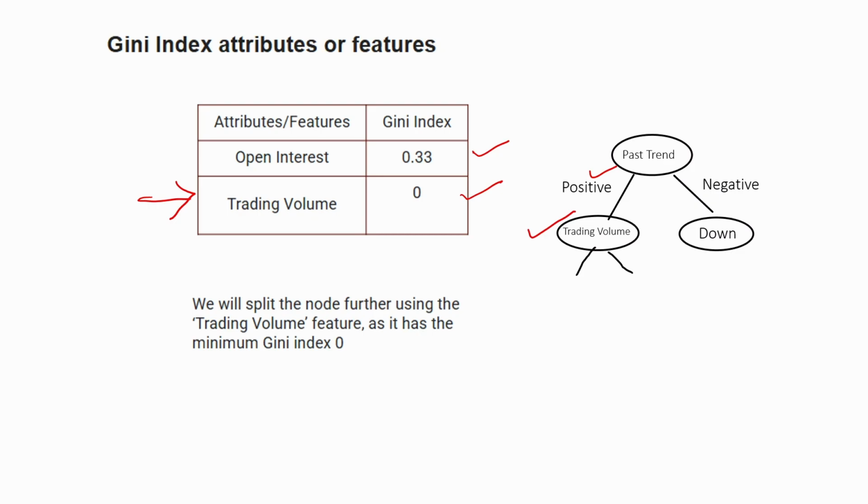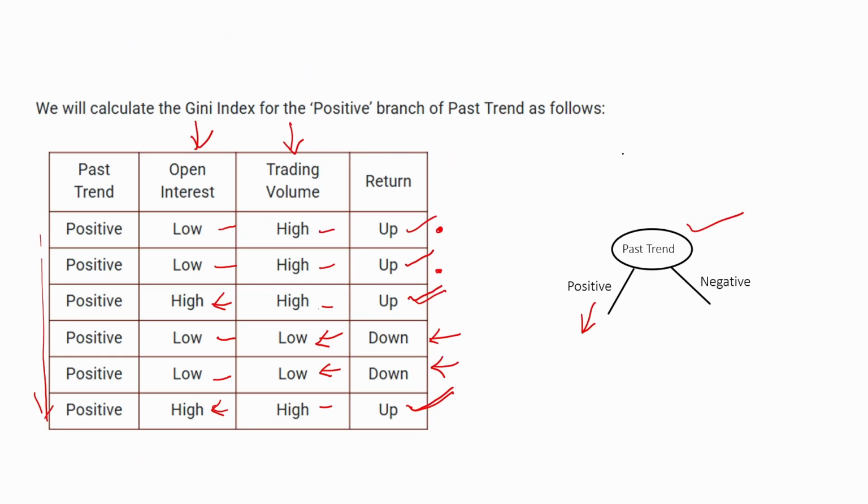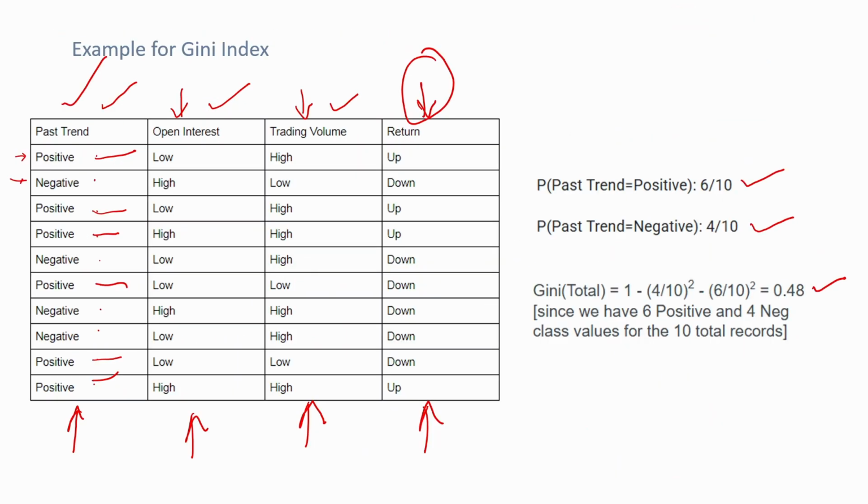So for past trend negative, what is happening here? I'll show the original table. So past trend negative, this is one case, this is another case, this is negative, this is negative. So how many are there? 1, 2, 3, 4. So here it is down, this one also down, this one also down, this one is also down.